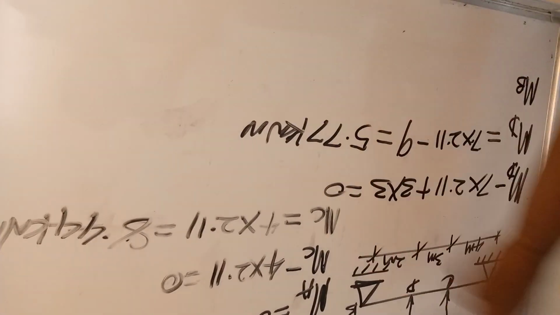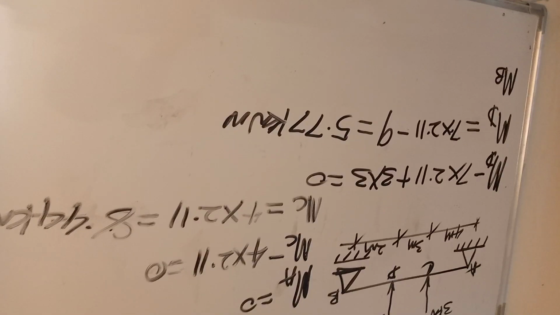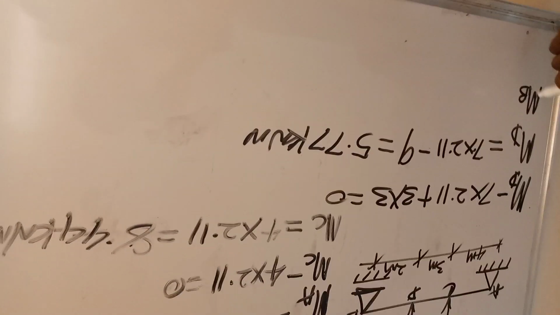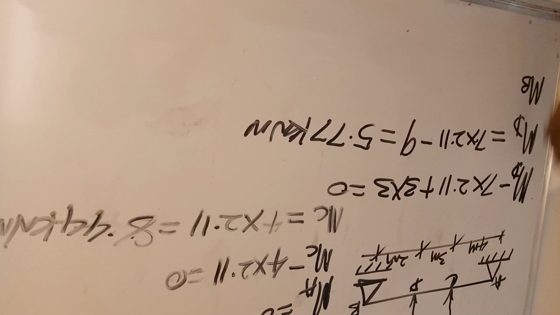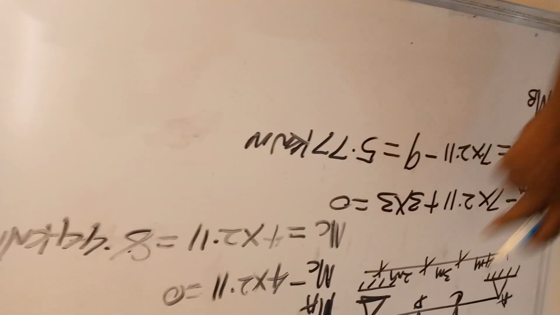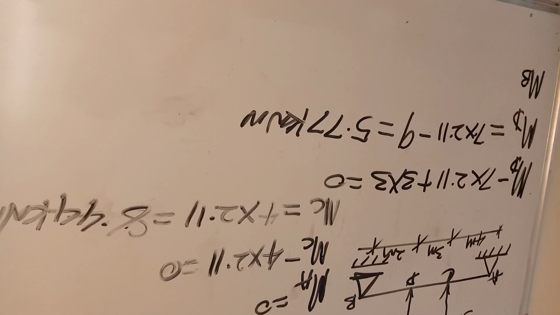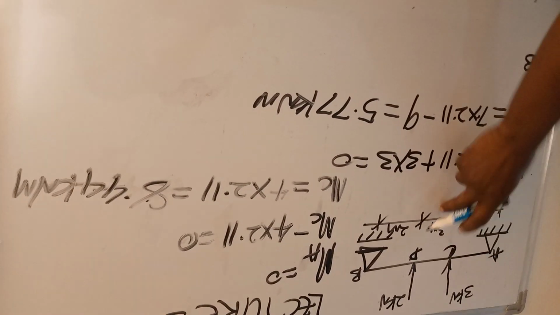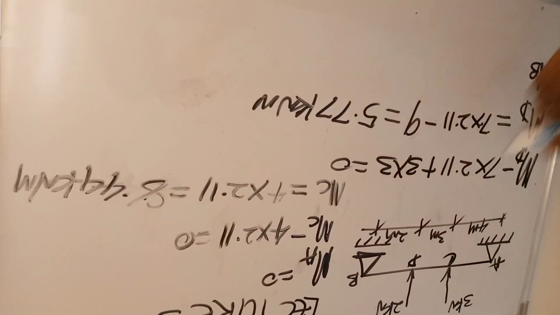The same way, looking at A where we started, I say it's positive. Another one is negative. So MB is positive. Reaction A, which is against it, will be negative. The distance from A to B is 4 plus 3 plus 2, that's 9.